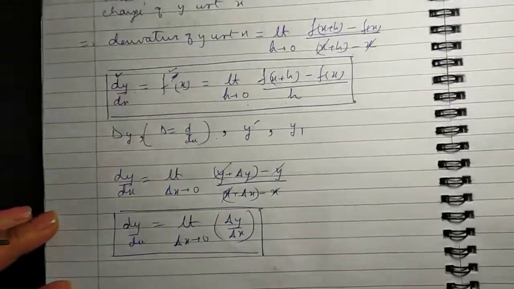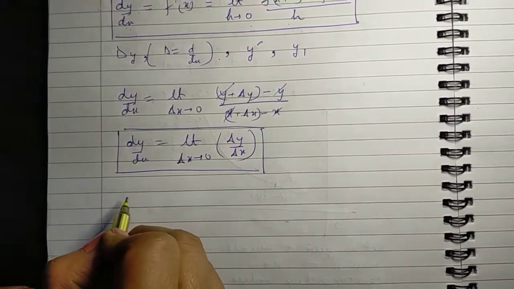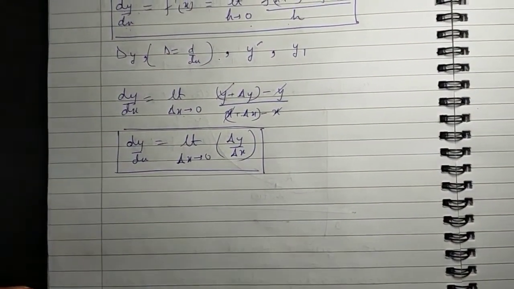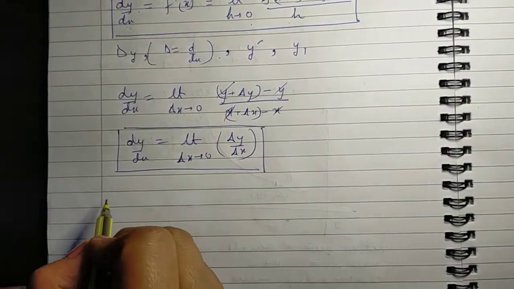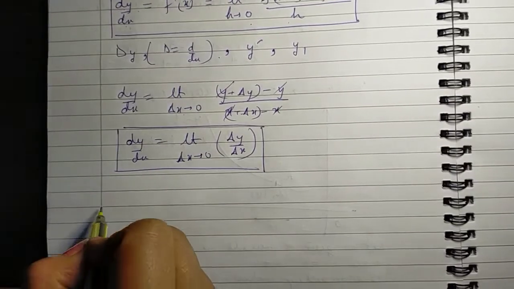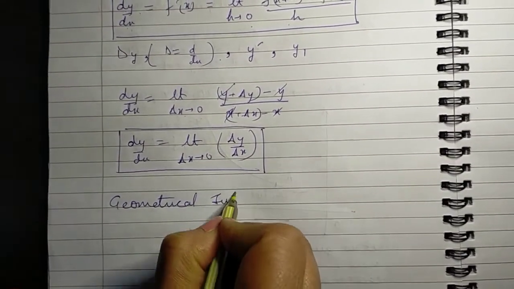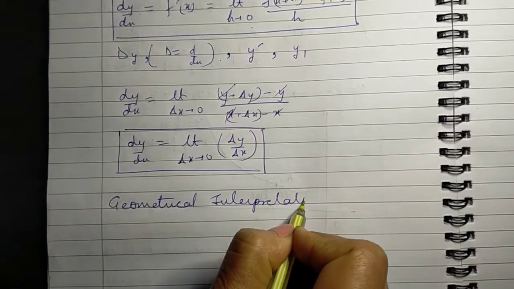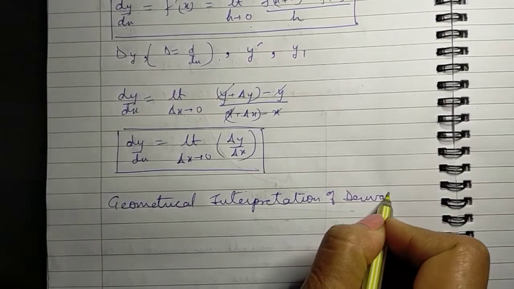Now we first do the geometrical interpretation of derivative to be able to understand the concept, and then we will start with finding the results. Okay, so geometrical interpretation of derivatives.